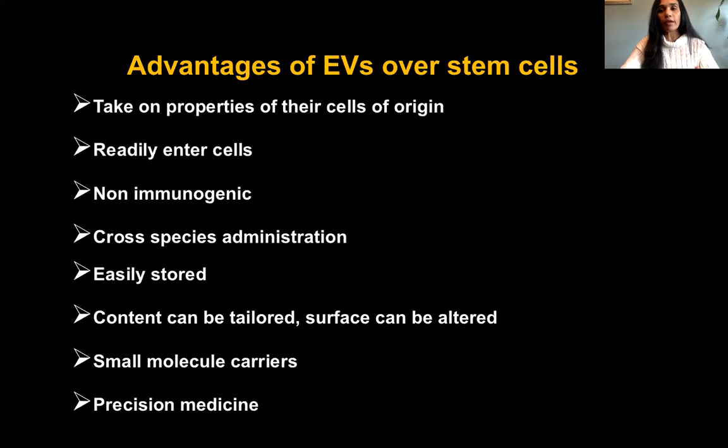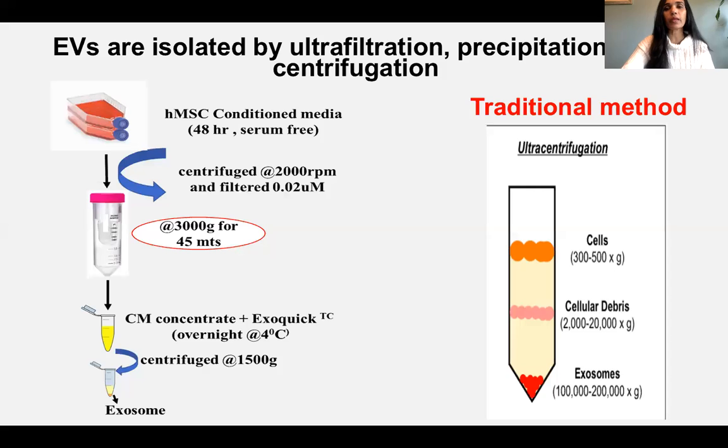They very easily enter into the cells. They're non-immunogenic. It's very easy to cross-administer between species. They can be easily stored. The contents can be tailored. Their surface can be altered, and they act as small molecule carriers. Based on all these characteristics, they fit precision medicine very well.